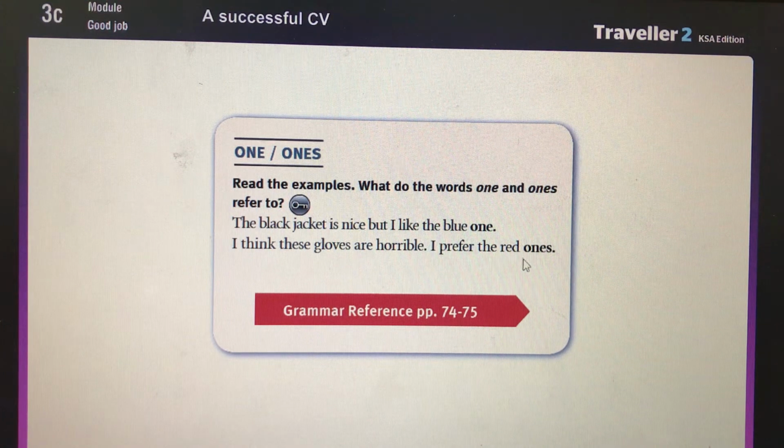I prefer the red ones. Ones means gloves. I prefer the red gloves.